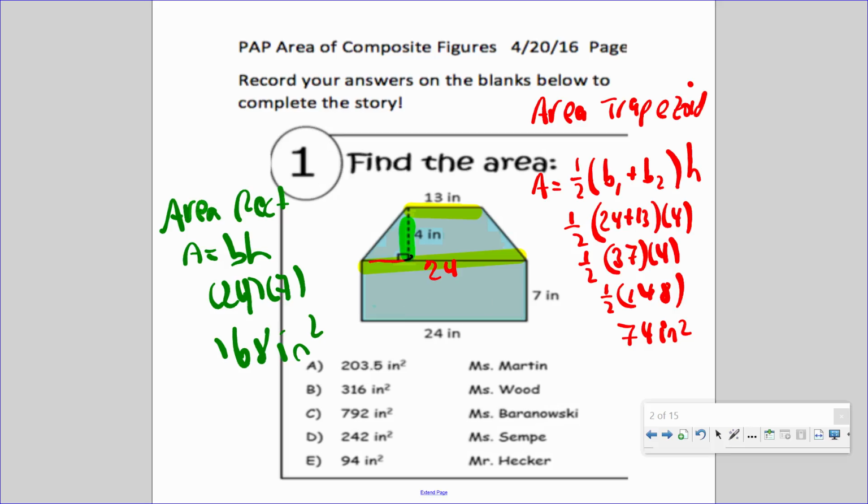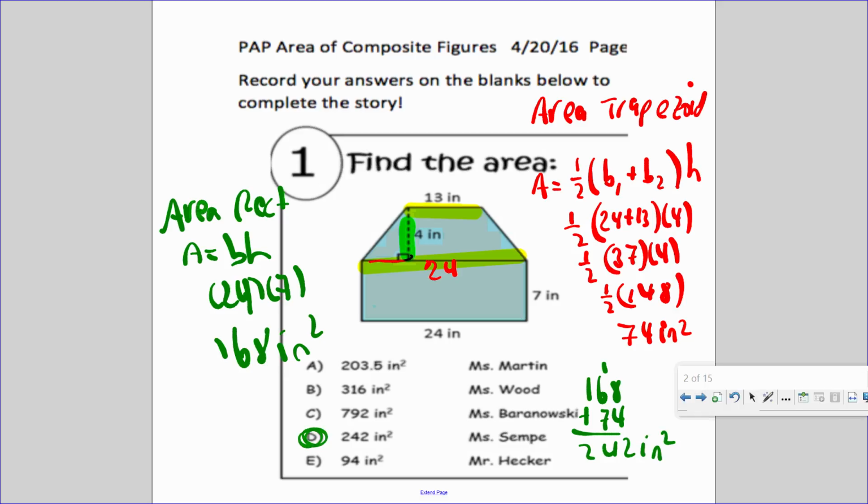The area of the trapezoid is 74. Together, add this up, 12 carried to 1, that's 13 plus 1 is 14. 242 is right here. So that is the area of this hexagon.